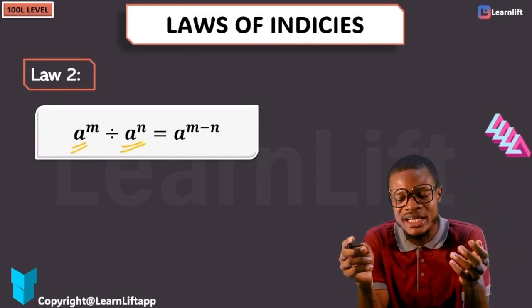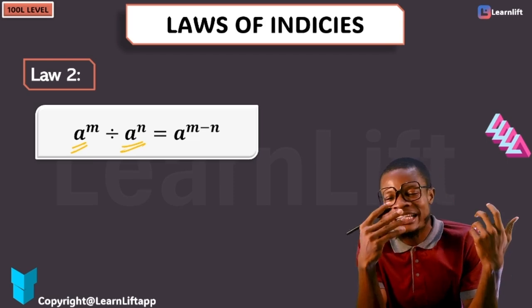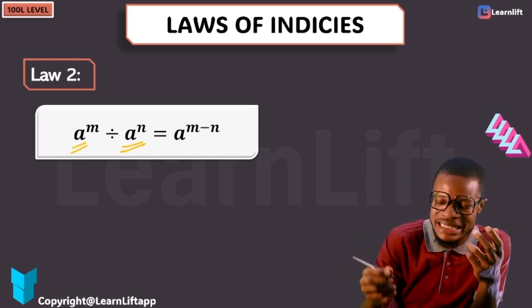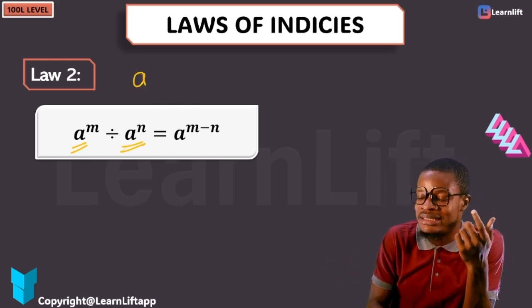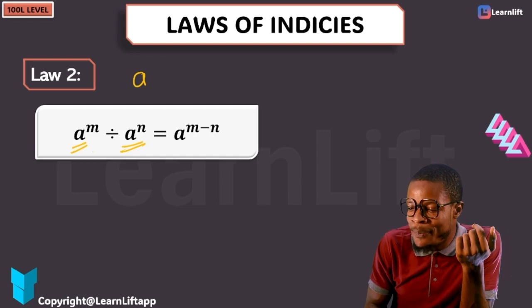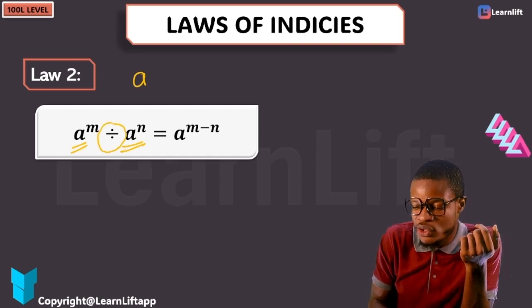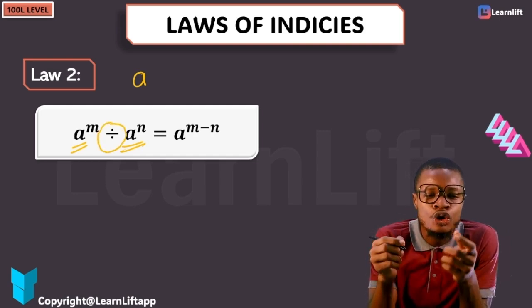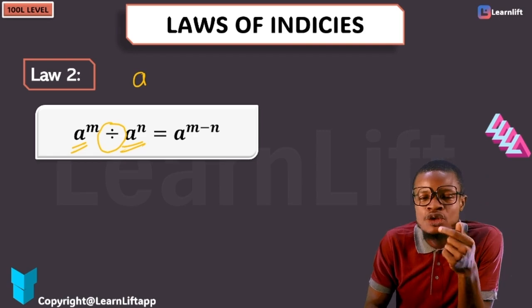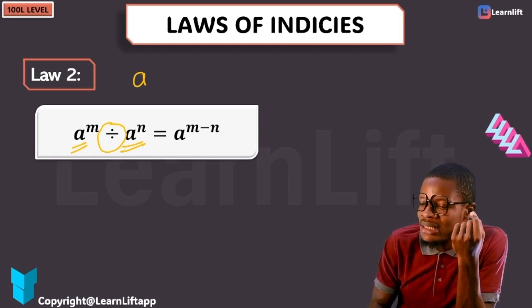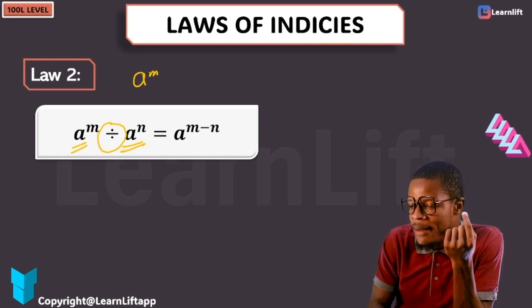Are their bases the same? Yes. If the bases are the same and what is binding them is the division sign, you pick one of the bases and then you subtract the powers. That's going to give you a raised to the power of m minus n.